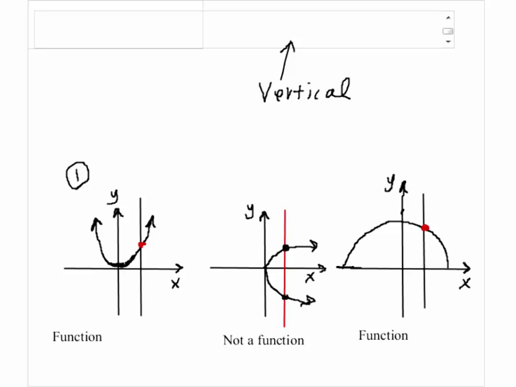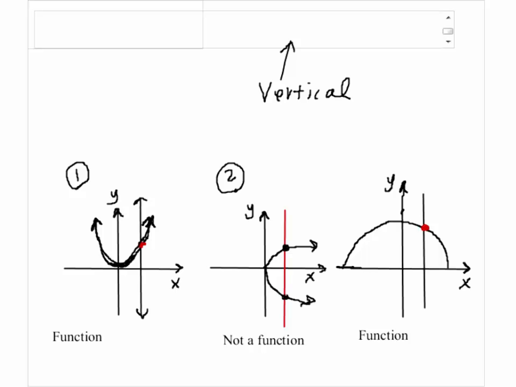We have our graph, which is a parabola. If you want to know whether the parabola is a function or not, you draw a random vertical line, and if the vertical line passes the original graph at only one point, then the graph is a function.